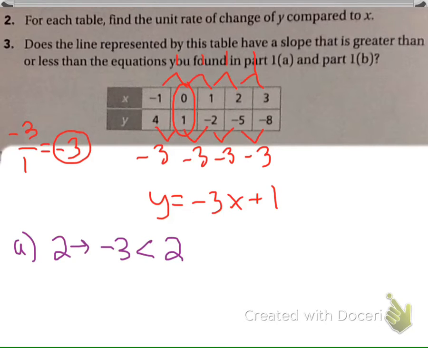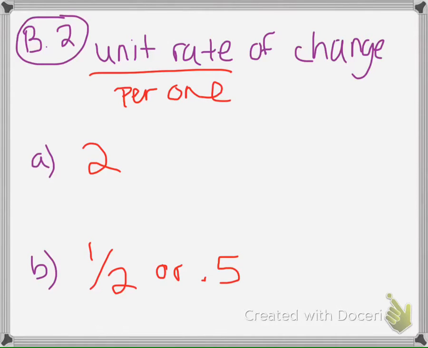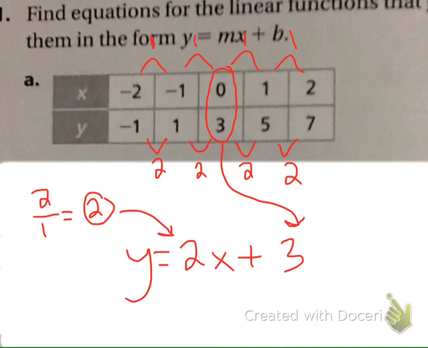Okay, so this slope here is less than our slope of 2 for A. Now B, the slope was 1/2, and again, -3 is less than 1/2 because it's negative. So my slope for this table is less than the slope for this table of 1/2 and less than the slope of this table of 2.